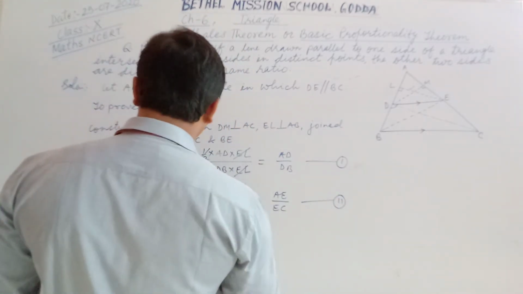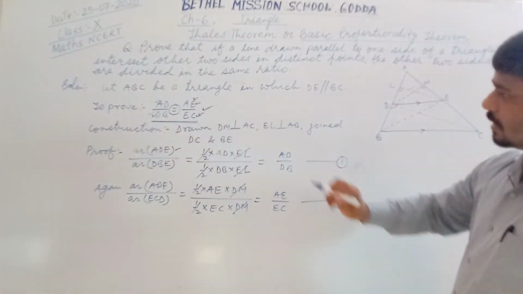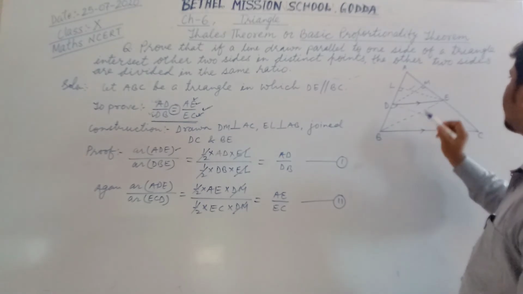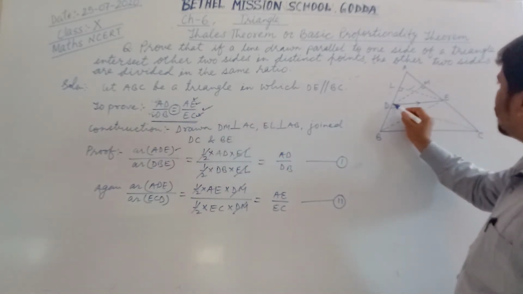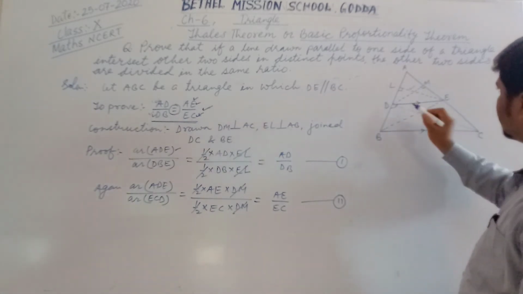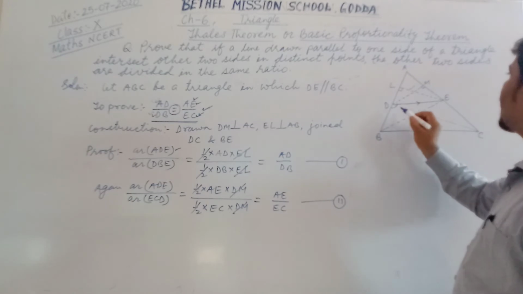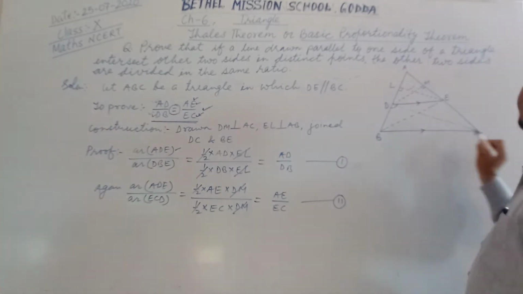What will be the next step? You can see that triangle DBE and triangle ECD are both on the base DE and between the two parallel lines DE and BC.